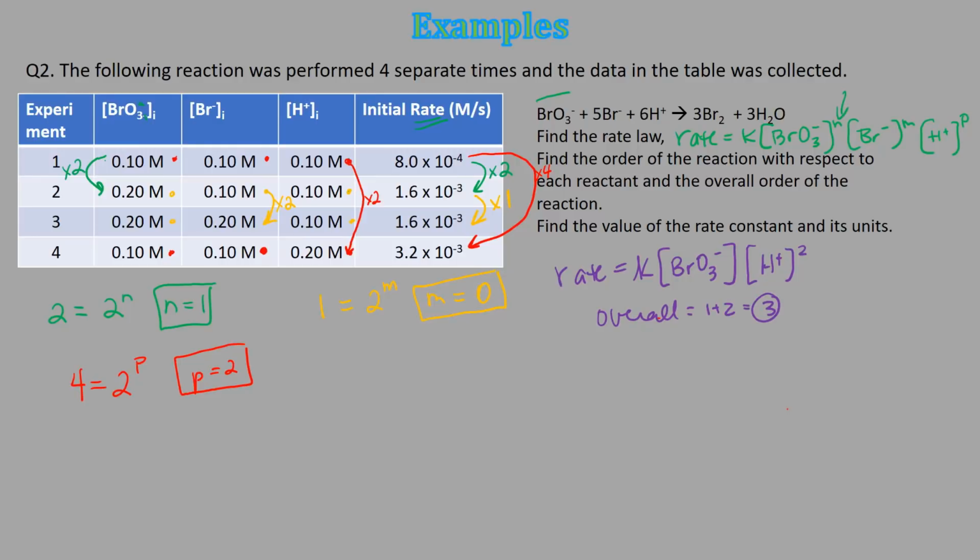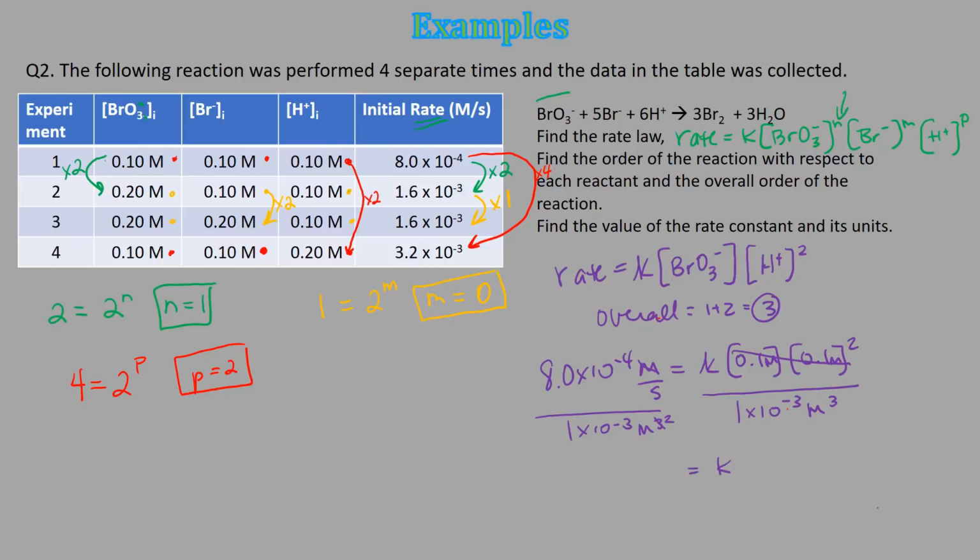And then to find the value of the rate constant and its units, I'm going to plug experiment 1 in and then solve for K. So K ends up being 0.8, 1 over molarity squared times the second.